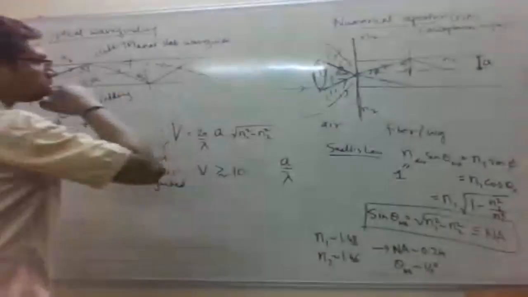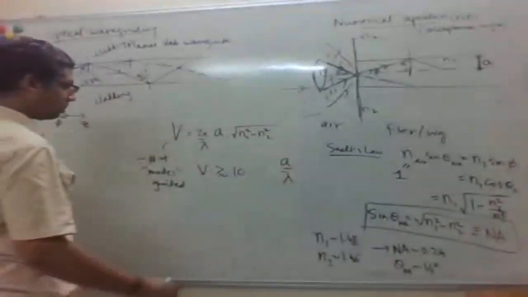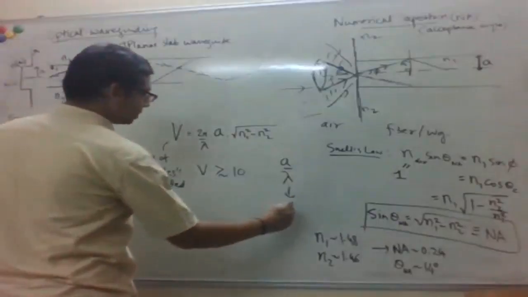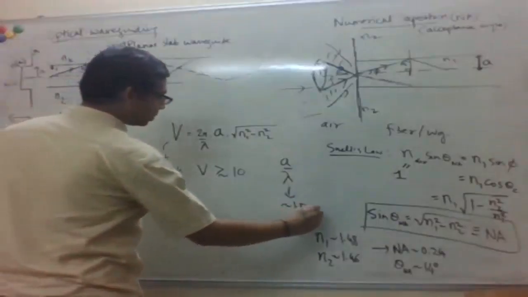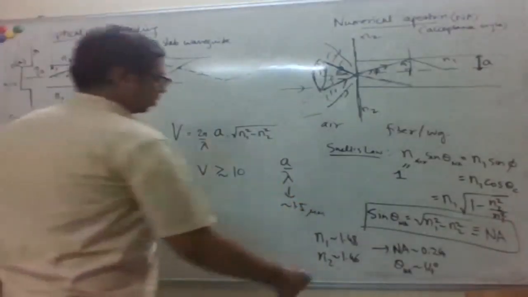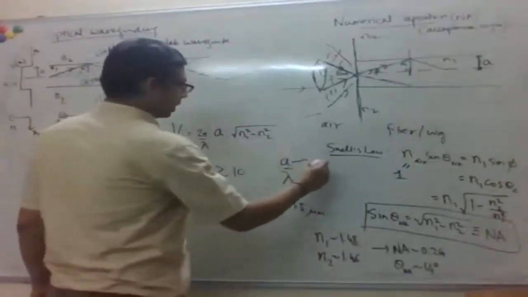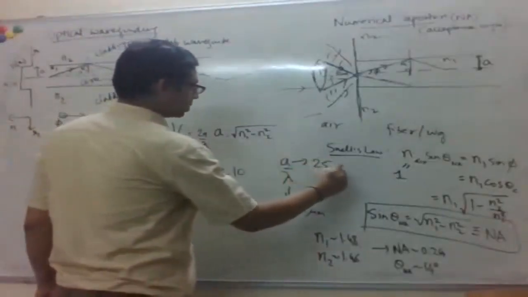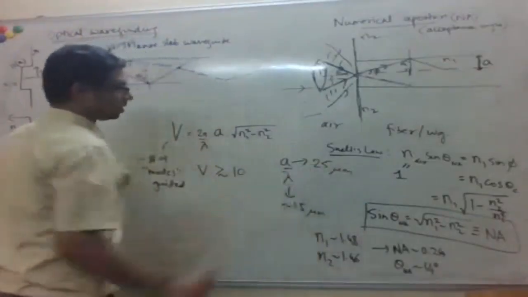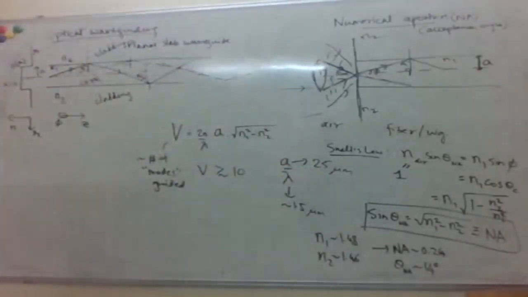So typically, for the telecommunication wavelengths that we use in optical fibers, that's in the near infrared, let's say this is 1.5 micron. If you have a multimode fiber with these values and, let's say, the radius of the core is like 25 micron, much bigger than 10 times the wavelength, then this ray picture is valid.